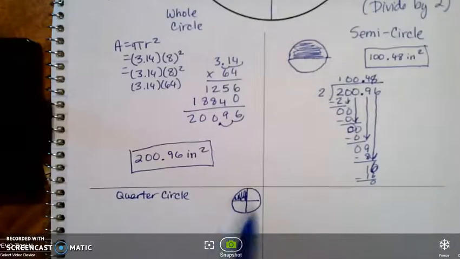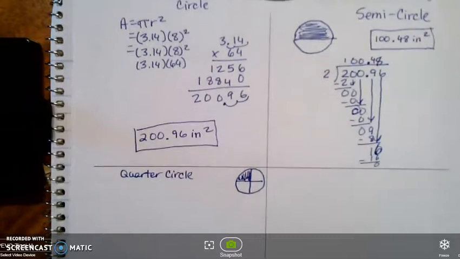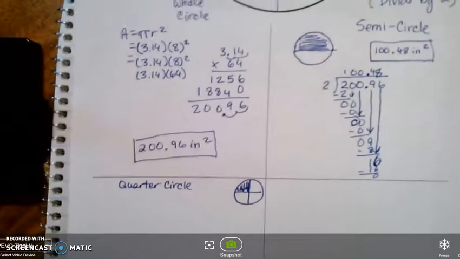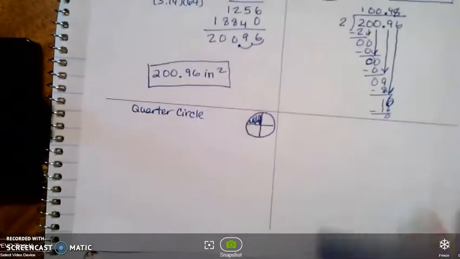Here I have 4 parts, 1 of them shaded. So for a quarter circle, we do the same idea as the semicircle, but instead of dividing by 2, we divide by 4 because there are 4 parts. Okay?